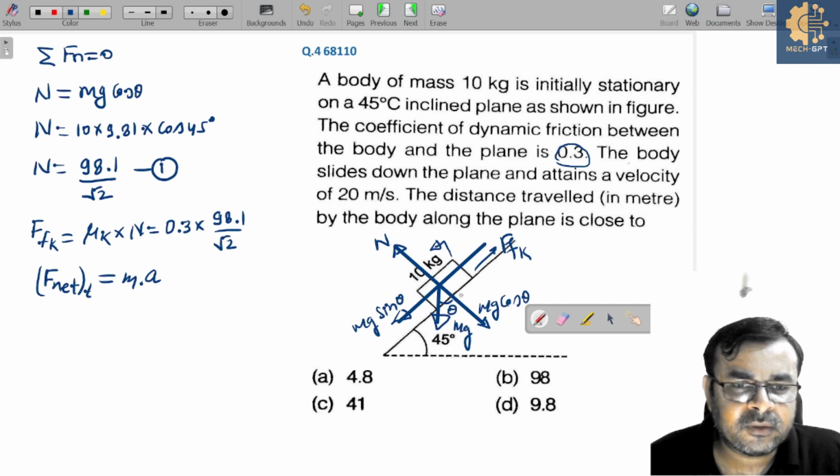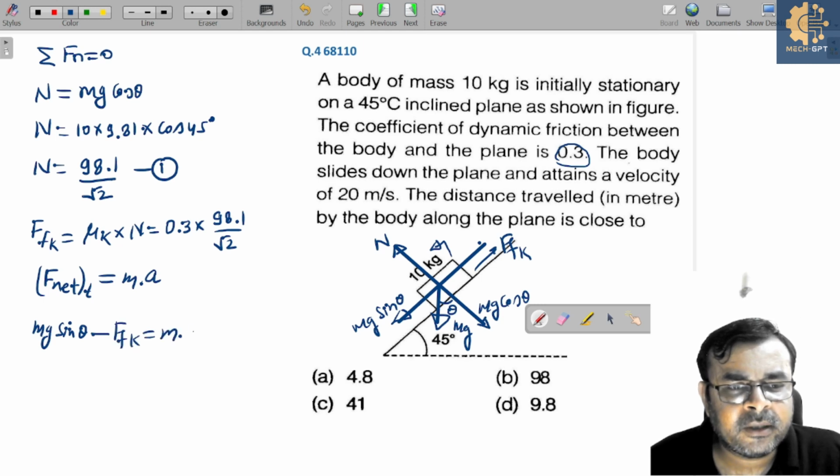And what about F net? You can see from this figure, a downward force mg sin theta is acting and this kinetic friction is acting in the upward direction. So net force is mg sin theta minus Fk is equal to m into a. So from this you need to calculate acceleration. And what about m?